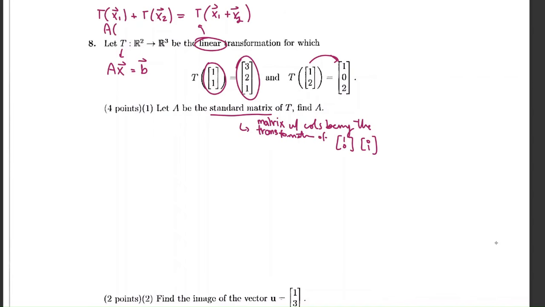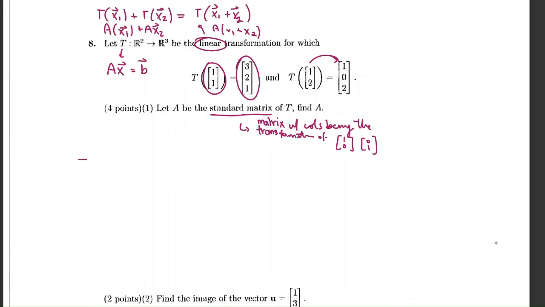Because this is just doing A times x1 plus A times x2, and then you can just factor out the A and get A times x1 plus x2. So anyways, that was a long-winded explanation about what this transformation means, but from that we can figure out what the transformation of the basis will be.